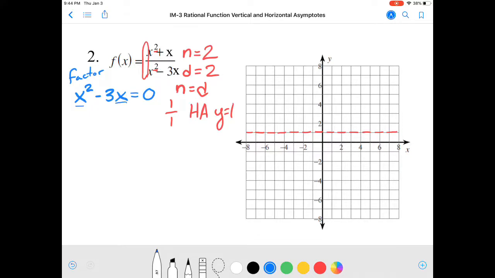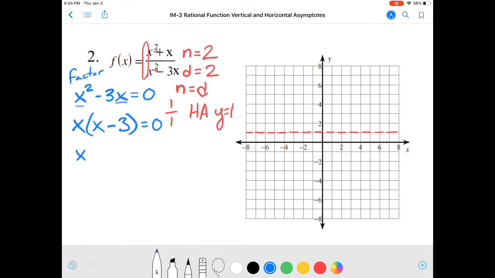To factor this, I'm going to look for a common factor between x squared and 3x. They both have x in common, so that's going to go on the outside of my parentheses. So now I'm going to do x squared divided by x, which is x, minus 3x divided by x, which is just 3. And that again will be equal to 0.